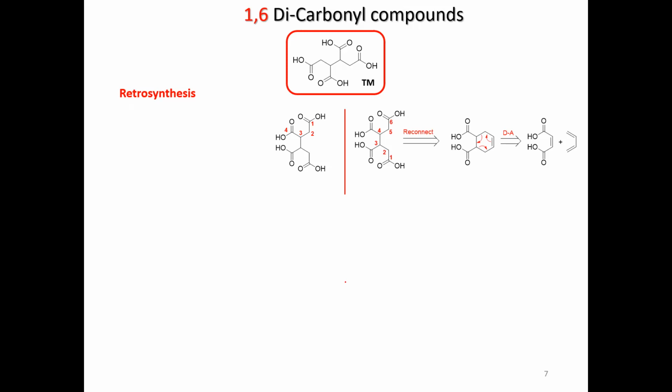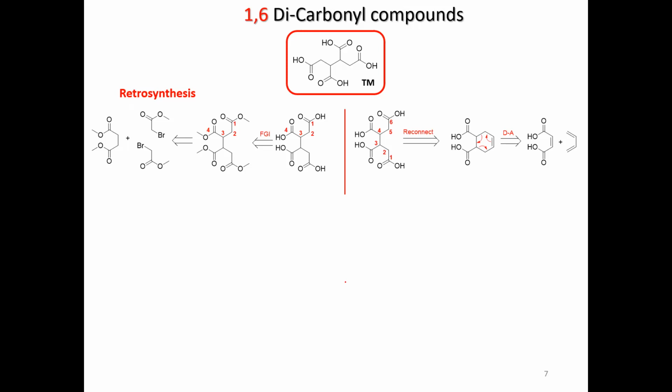There is always a 1,4 possibility as well. You may need to protect everything as esters because when you do 1,4, you need to use the base. And when you use the base in the presence of carboxylic acid, in retrosynthesis, it's fine.